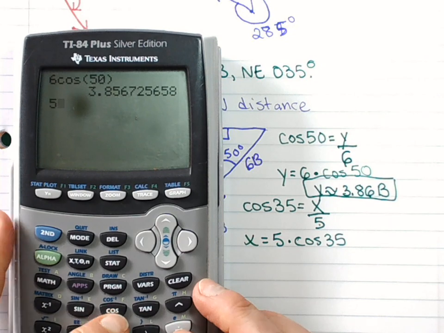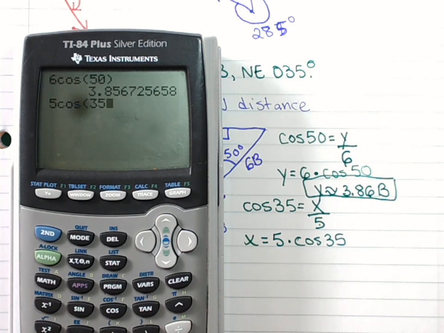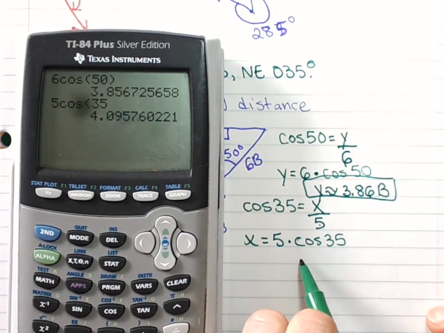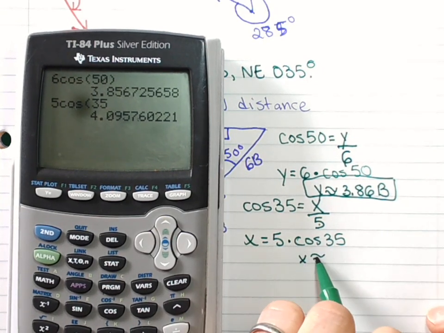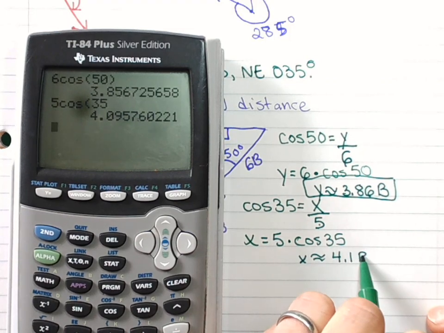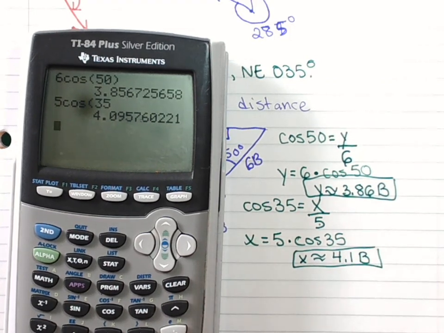And then 5 cosine 35 is about 4.1 blocks. B for blocks.